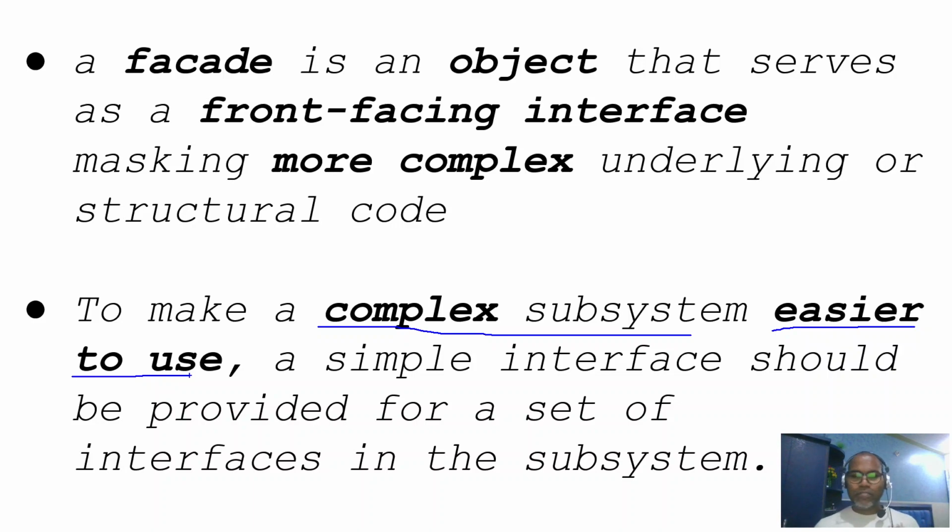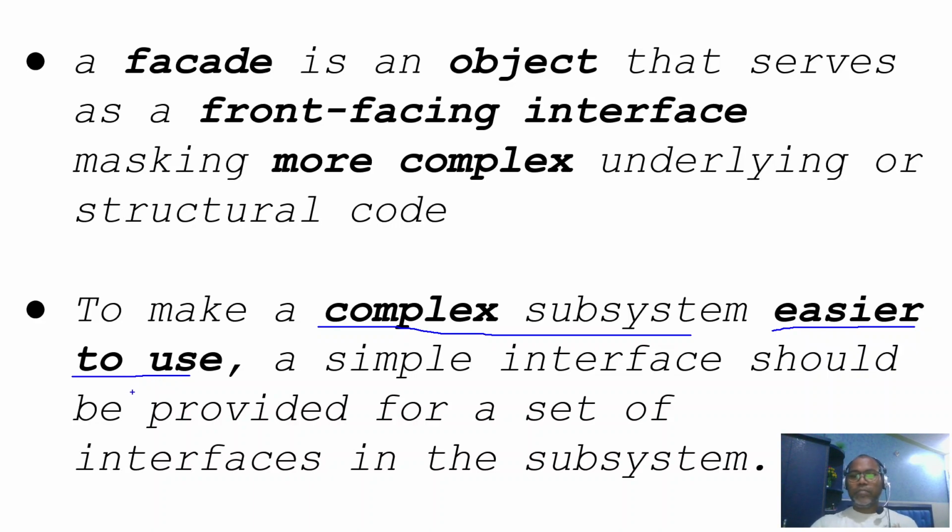Whatever your system, in whichever order someone needs to use it, you don't teach each and every person. You can use my system by first creating this object, then that object, and then this object. This logic you just write in your facade object and expose the facade object to the client. And the client can use a simplified version of a complex system.